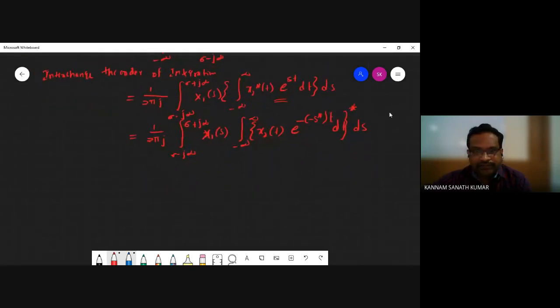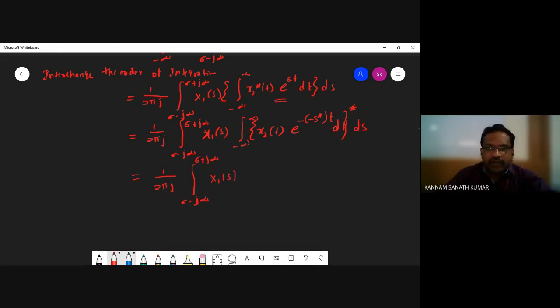So next, what you are getting? 1 by 2 pi j integration sigma minus j infinity to sigma plus j infinity x1 of s into, this is same as a Laplace transform, no?